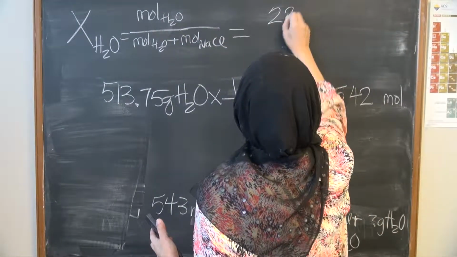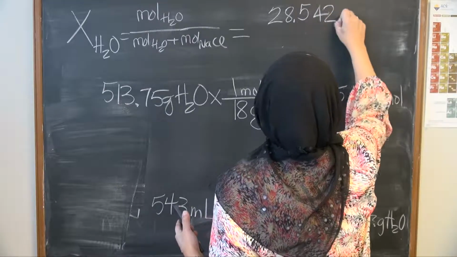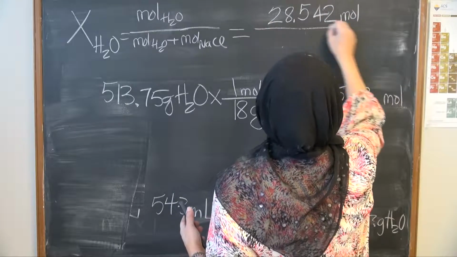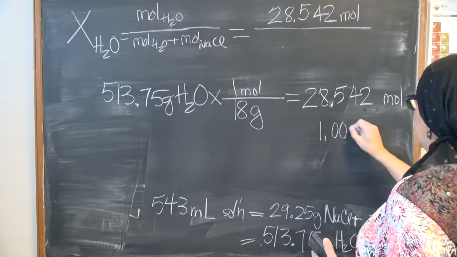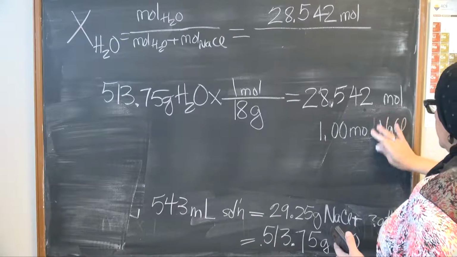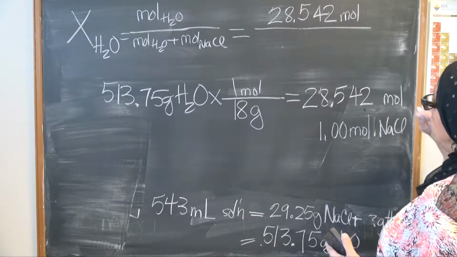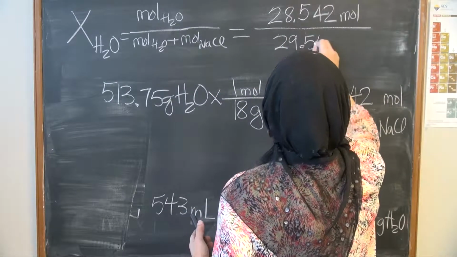We have 28.542 moles of water divided by, this is the moles of water, we had 1.00 moles of sodium chloride. So the total moles is 29.542 moles.